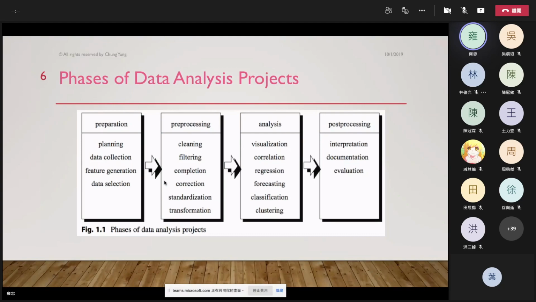And since all the simple or naive analysis has been done in this area, now we see a lot of new analysis requires algorithms from two or more of these categories, from visualization to clustering.